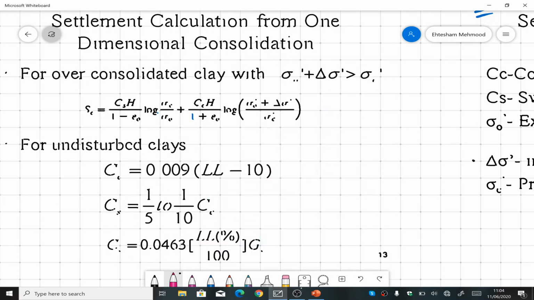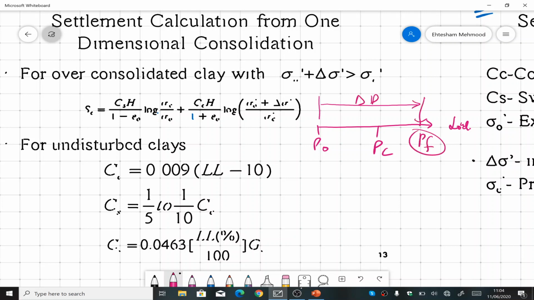So in the last case, I'll draw again: this is the P naught and load is increasing from left to right, and this is the pre-consolidation pressure, and we added delta P. This delta P is large enough that the PF results in a greater value than PC. So in this case we will have a two-part formula for settlement calculations.